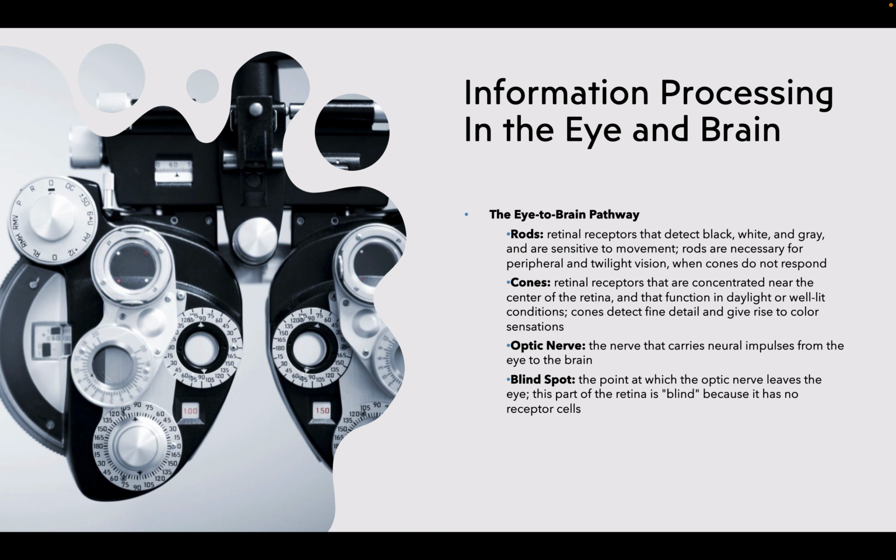And so the axons all come together and they bind together to create this optic nerve that leaves the eye in one spot. And this is the blind spot. This is the point at which the optic nerve leaves the eye, and this part of the retina is blind because there are no receptor cells there, because that is where the bundled axons are leaving the eye.